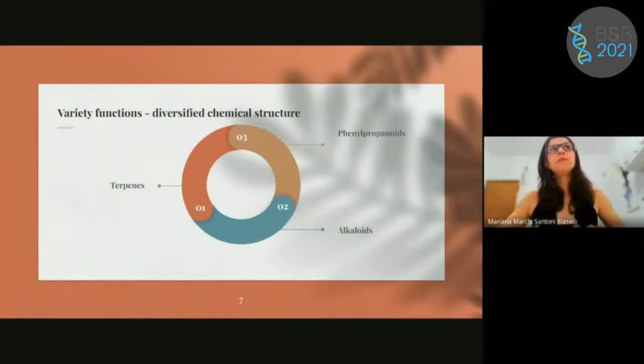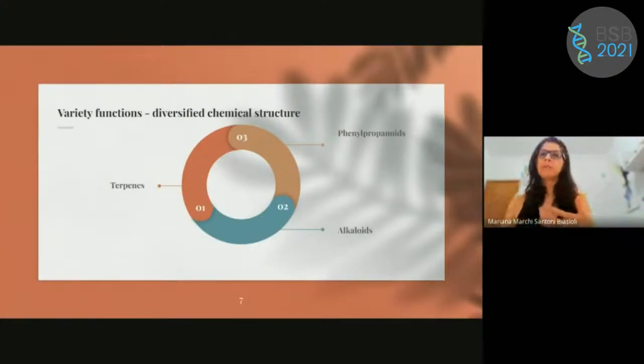So to produce a secondary metabolite, the genes involved must be turned on in a specific plant organ and at a specific plant developmental stage.